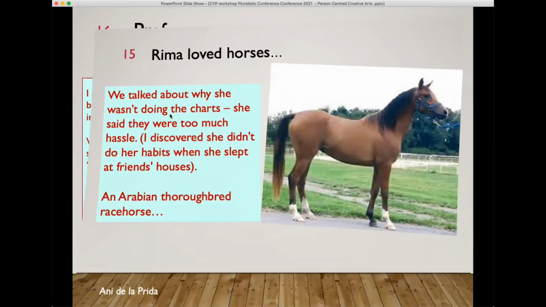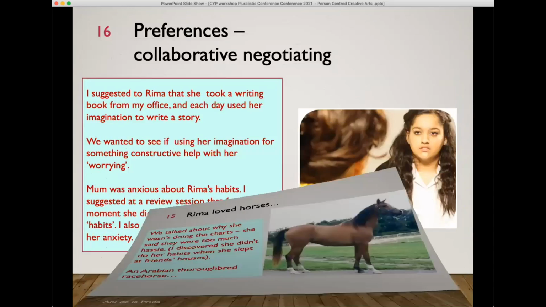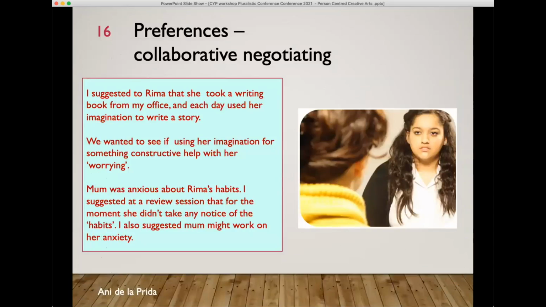So I said, okay, instead of doing the charts, why don't you take another book and take some time each day and use your imagination to write a story or a poem, anything you want, but you need to write something every day, and then we'll bring it back here and talk about it. And we negotiated all of this, and I explained to her why, because I think it's really important. If I'd just come up with this on my own and imposed it, that's not collaborative working with children and young people, and it really mattered that I talked about it with her.